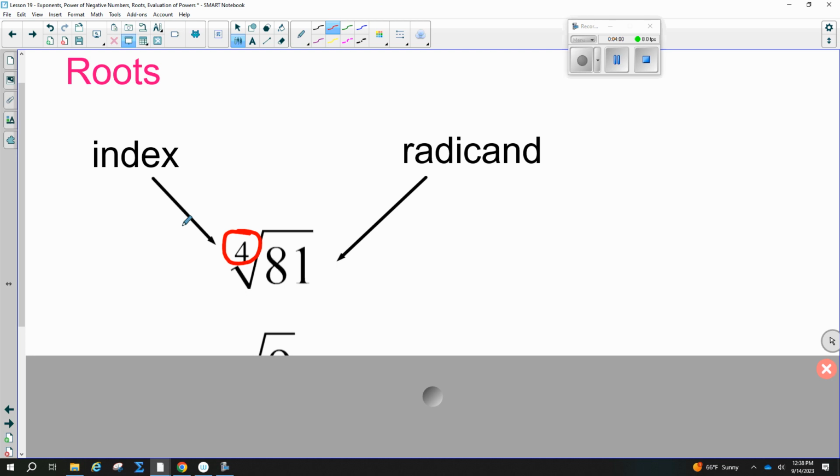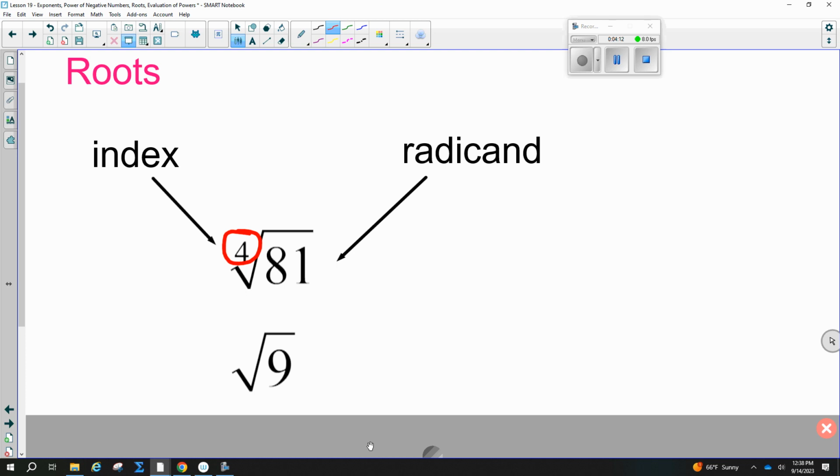So square roots are called radicals. I don't know if you remember that. Okay, square roots are called radicals. So we have the radicand, the number inside, and then the 4th root. So for this one, you don't see the index, but it's just a given 2 whenever it's just the normal square root of 9. Okay, so the square root of 9 is 3.